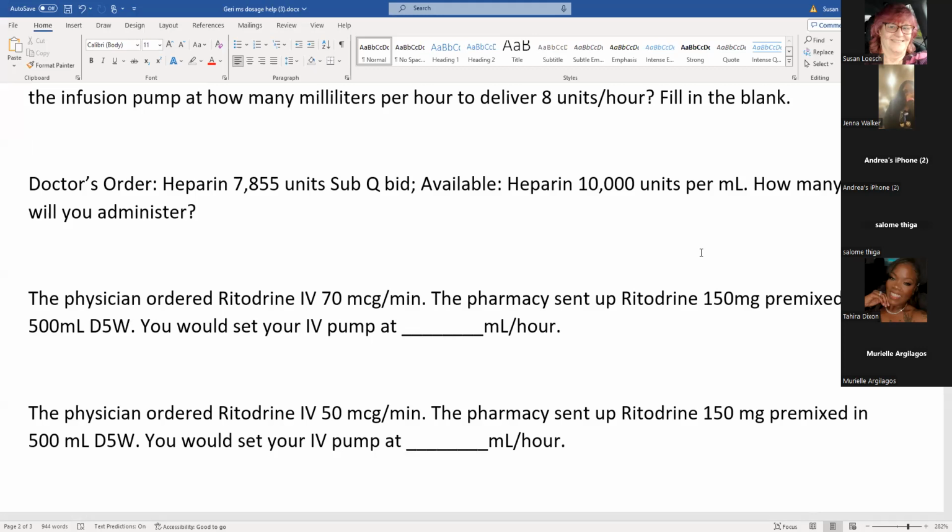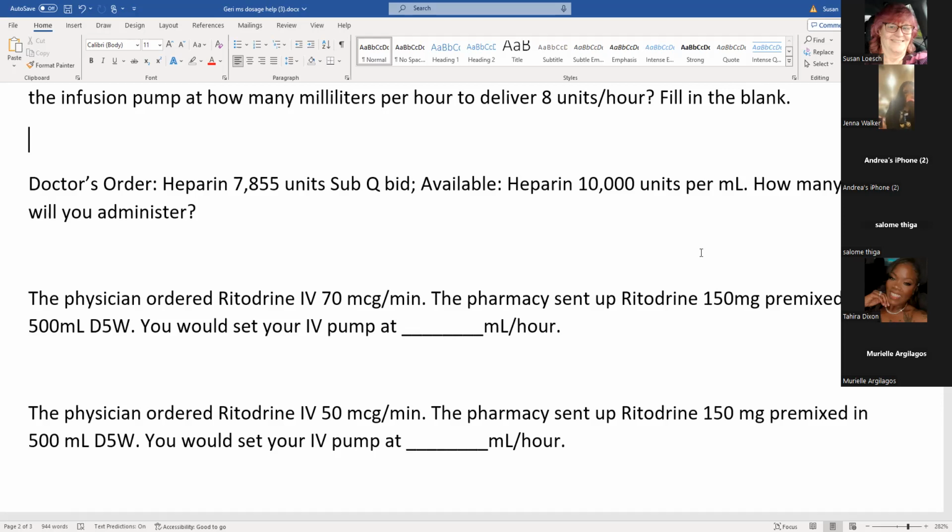I'd probably call the doctor and question that order though, to be honest with you. Why would you question it? Because if you're telling me the doctor ordered, I think you're asking me what he ordered in general. So if he ordered BID, BID is twice a day. Right. So you would give 7,855 units at 8 a.m. and at 9 p.m., depending on what your Q 12-hour rotation is.